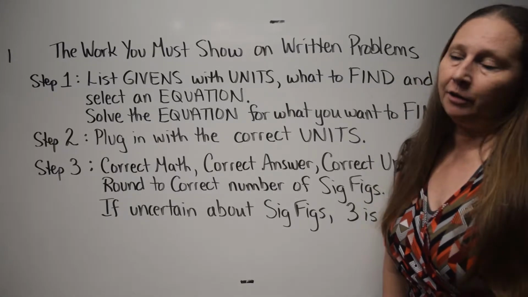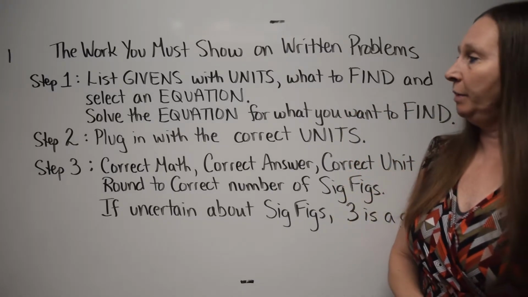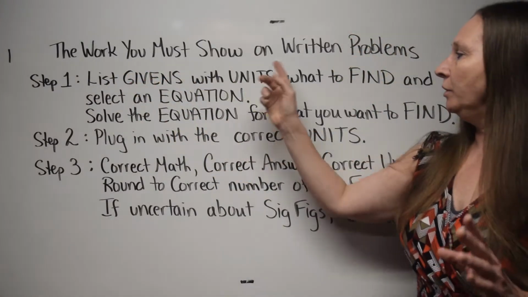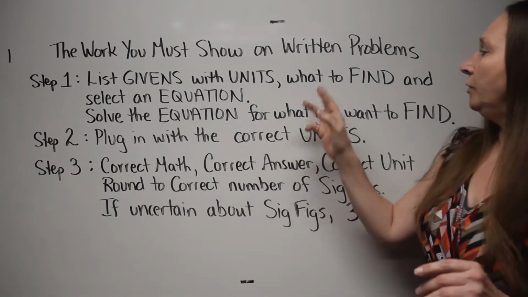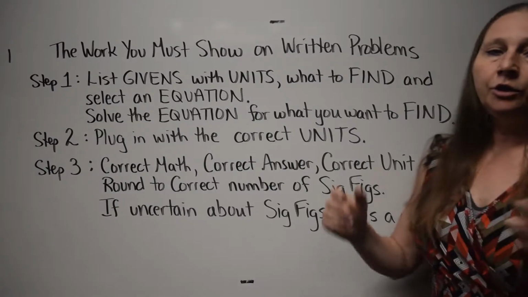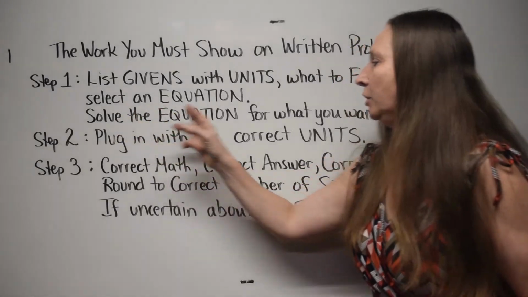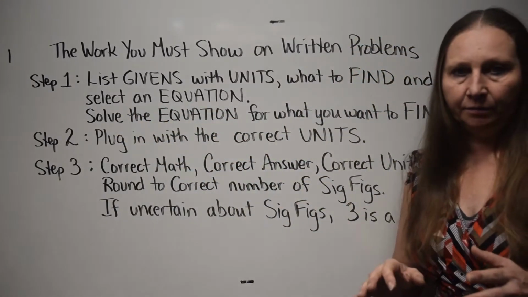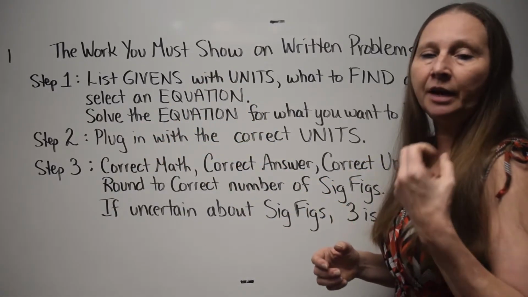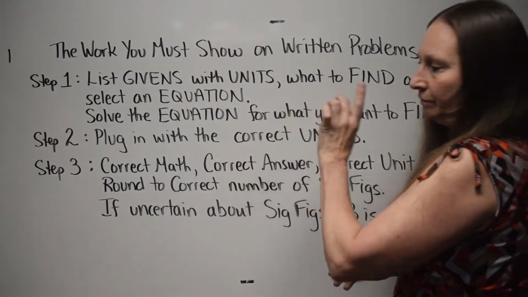To be given credit for a written problem, there's a lot that you actually have to put down on the paper. First of all, you have to list the givens with the correct units. You have to indicate what it is that you're trying to find, and you have to select the correct equation. Solve the equation for what you want to find. Whatever you're trying to find should be on the left side. If you're trying to find V final, the equation should read V final equals.